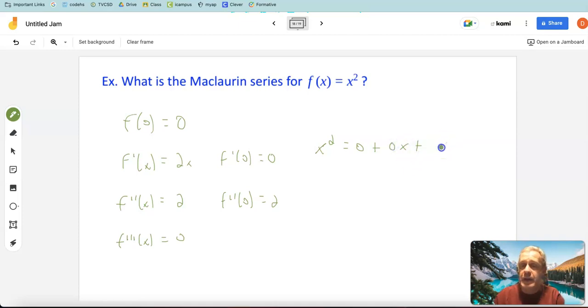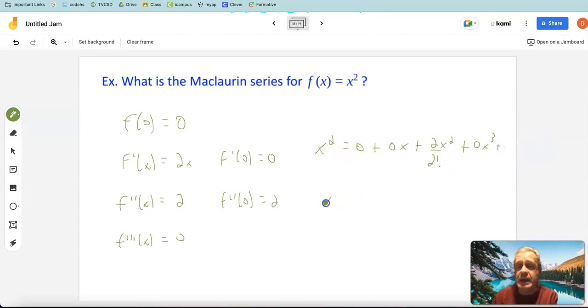The next term after that would be x squared, whose coefficient is f double prime of 0, and that we know is equal to 2, and put that over 2 factorial. But as I mentioned, all the derivatives after the second derivative evaluate to 0, so there's going to be really nothing else here.